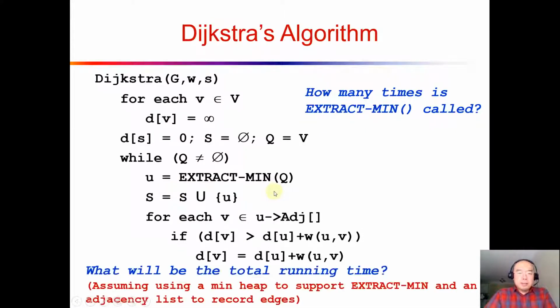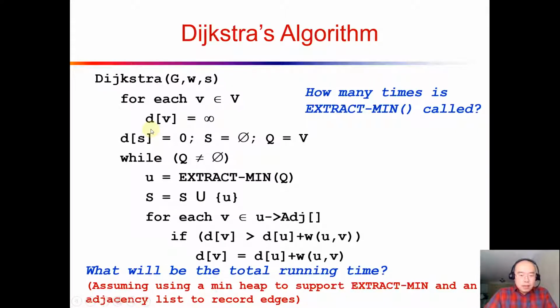Okay, so what is the total running time? To continue our discussion, we have to make a few assumptions. Number one, to do the extract min, we are assuming that we are using a min heap to record the d values.